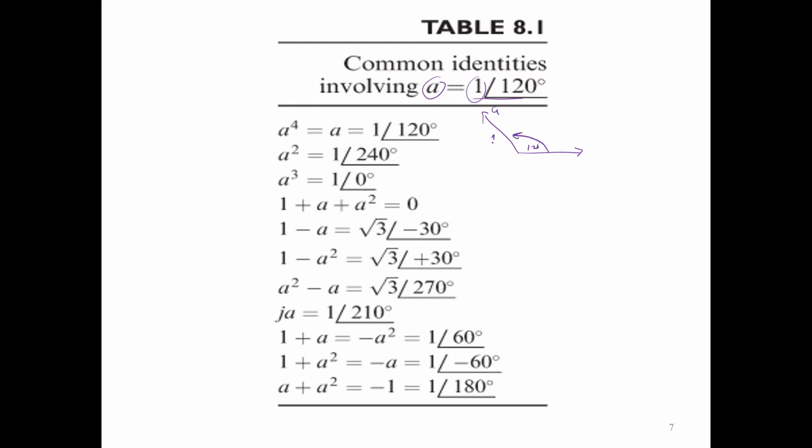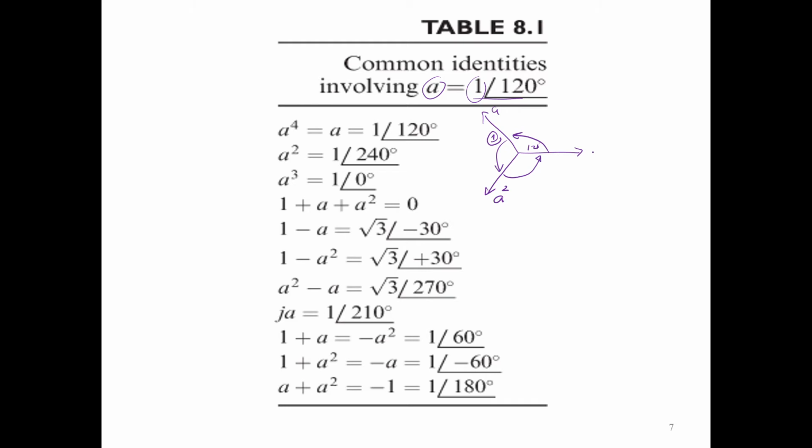The length is 1. You rotate twice, you get A square. Every time you increase the power by 1, it will shift by 120. That's why if you rotate one more time, it will come back to the original position.